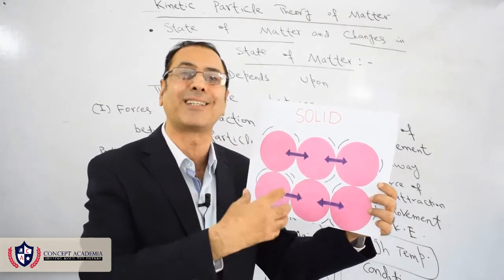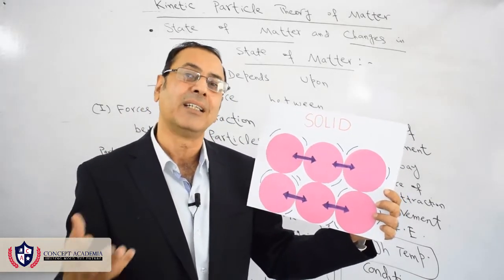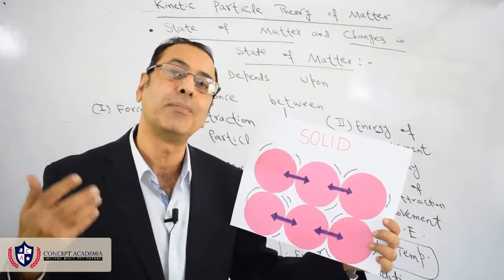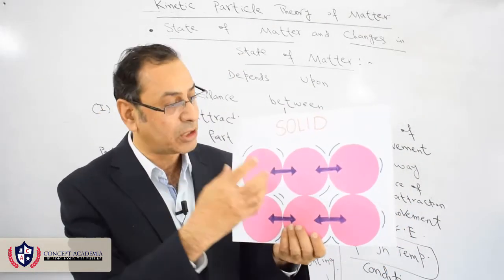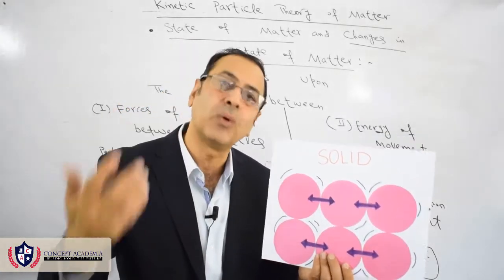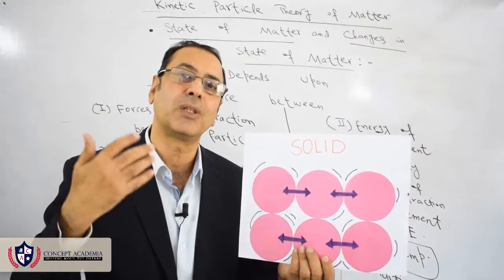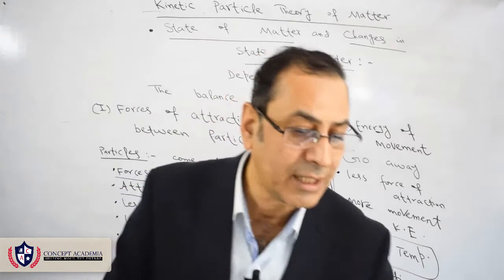When they move faster, they go away, and their kinetic energy will be more and more. So with high temperature, the solid will change into liquids, and then slowly, gradually go towards gases.